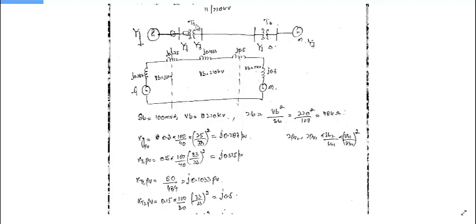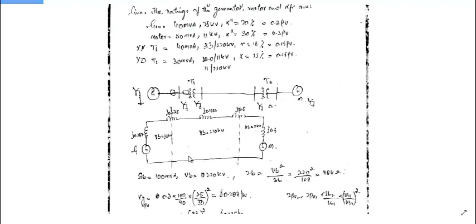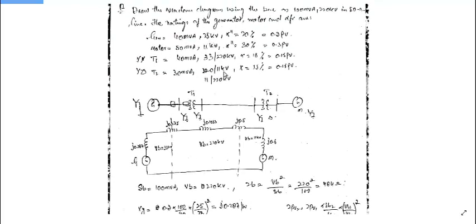Now since we are given the values of generator or transformer in this zone on their own base, we need to use the change of base formula to calculate the new per unit values on the given base. For example, Xg per unit, the value of the Xg is given as 0.2, but its base is 40 MVA and 25 kV. We need to change its base to 100 MVA and 33 kV, because here the base will now be 33 kV as per this transformer ratio.